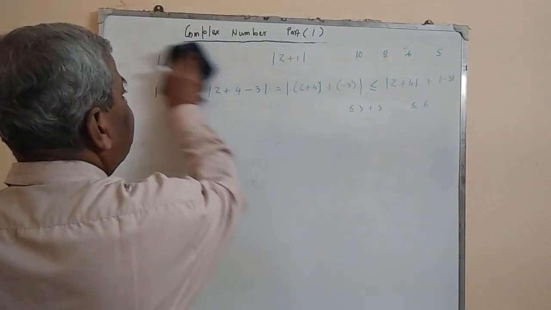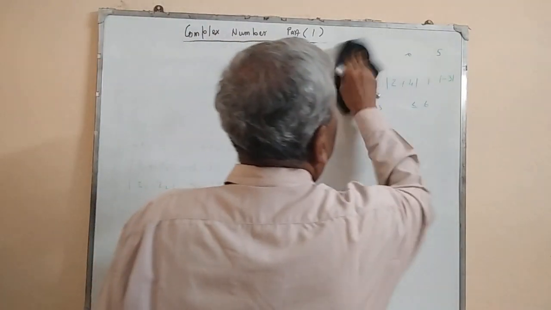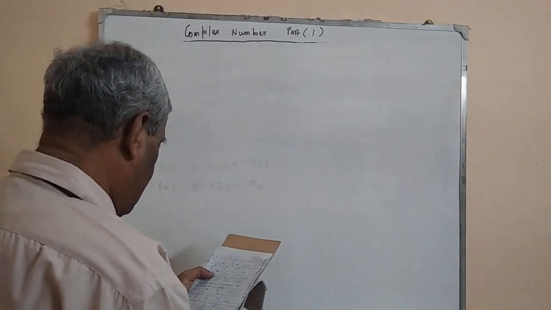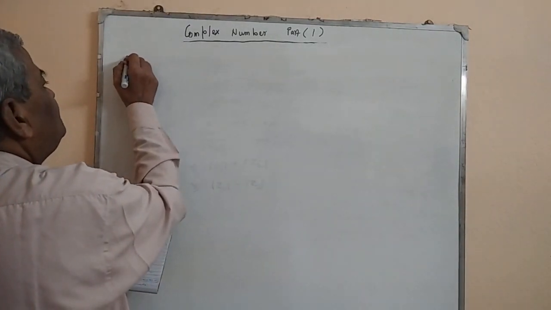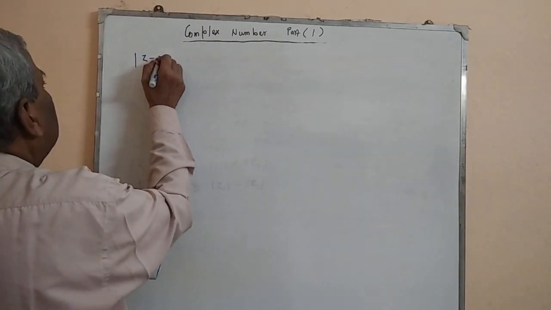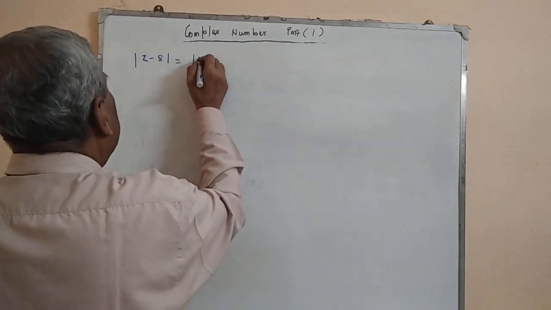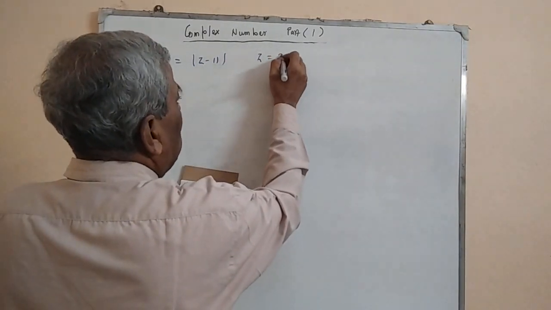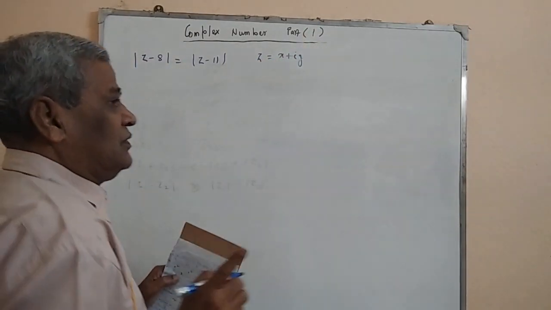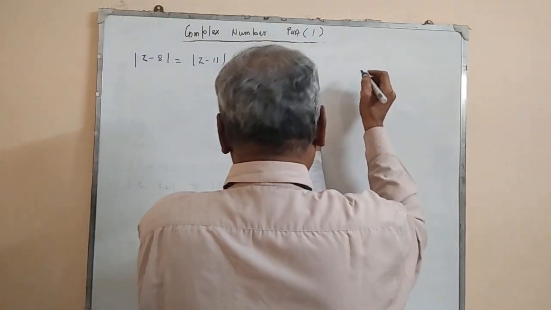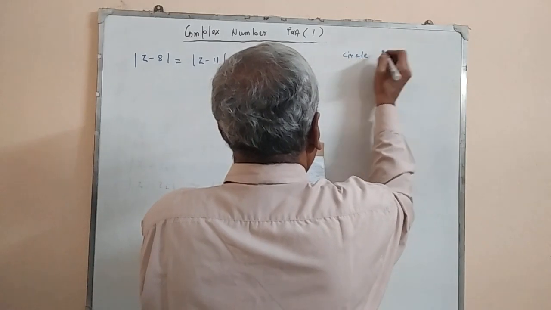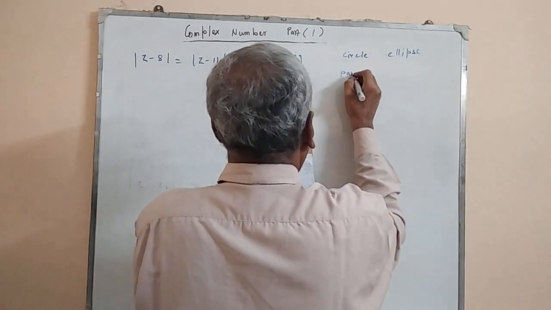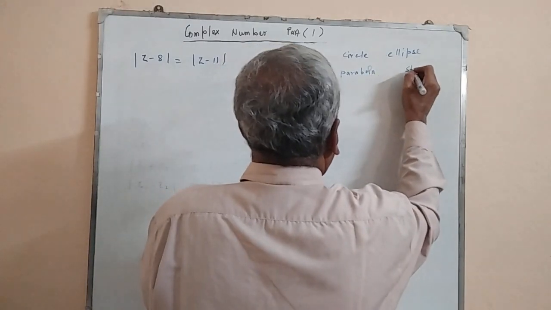Next problem. If mod of z minus 8 is equal to mod of z minus 11, then z equal to x plus iy lies on, the options are: number 1, circle, ellipse, parabola, and straight line.